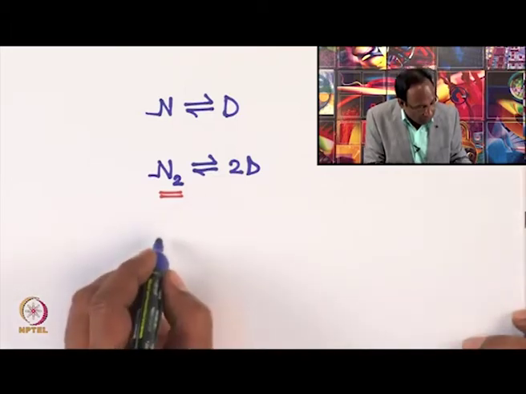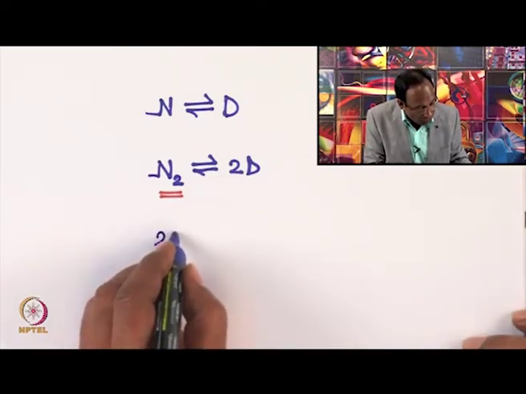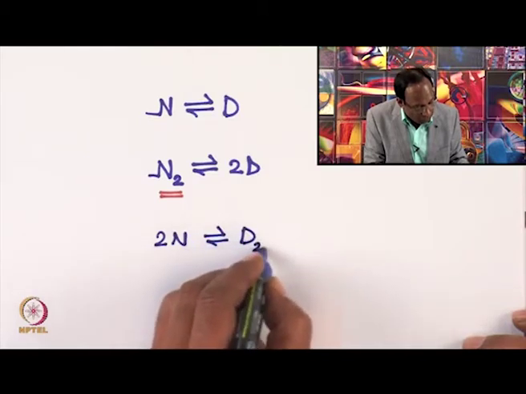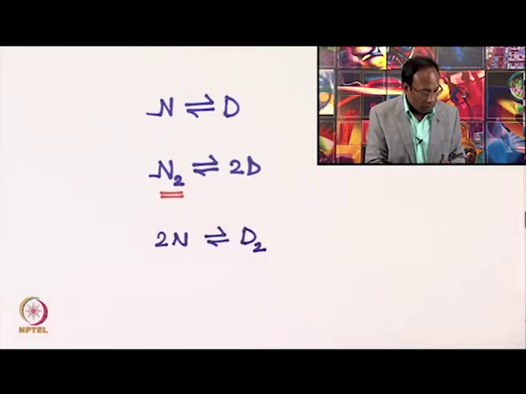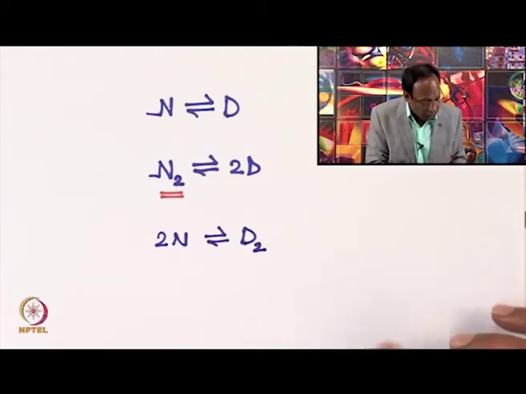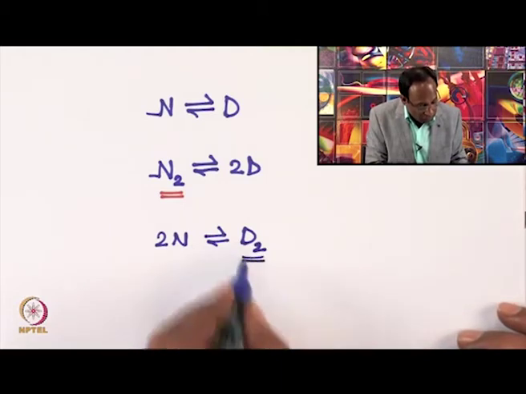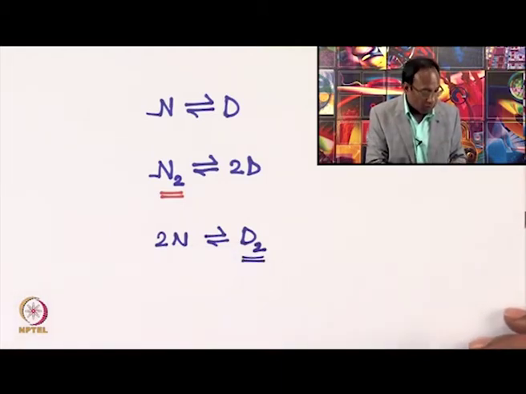Now, if I consider 2N going to D2, what happens if you increase the concentration? Le Chatelier principle says that this should be favored.